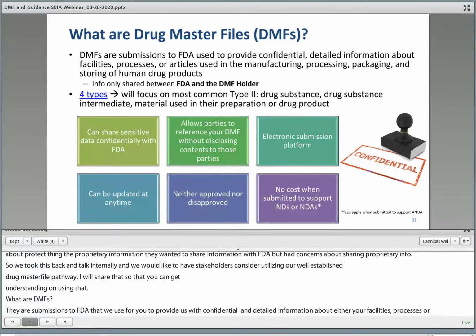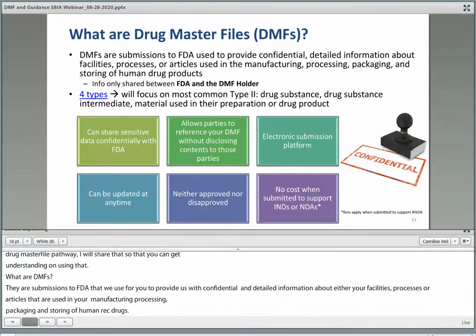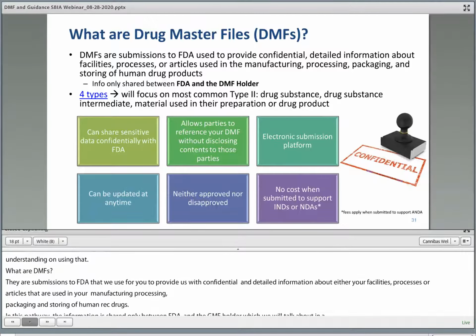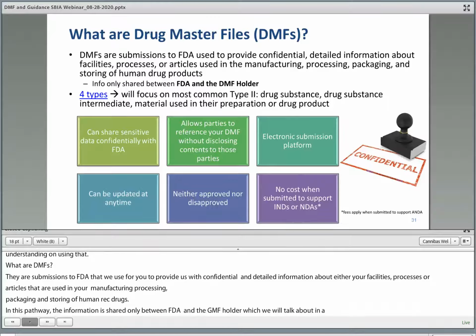In this pathway, the information is shared only between FDA and the DMF holder, who we're going to talk about in just a moment. And DMFs, there's actually 4 different types, but today we're going to focus on the most common type, which is called type 2, and that includes drug substance intermediate, material used in the preparation, or the drug product.